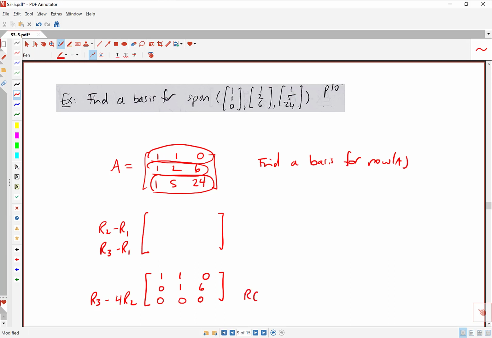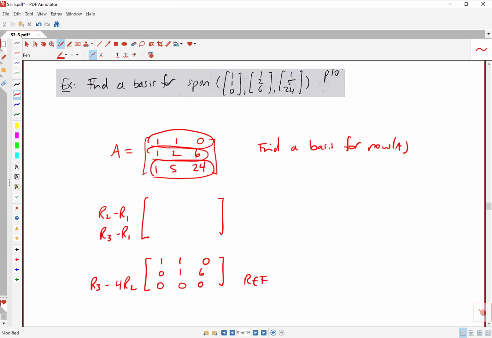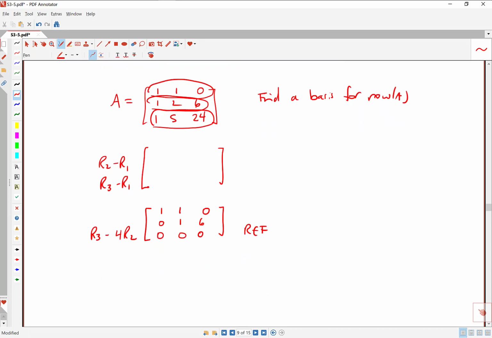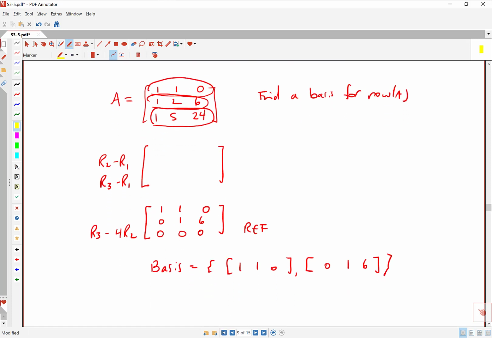So that's the REF, and all we need to do to find a basis is to grab the non-zero rows. So we would say a basis is 1, 1, 0 and 0, 1, 6. And again, it's up to you whether you express those horizontally or vertically, it doesn't matter.